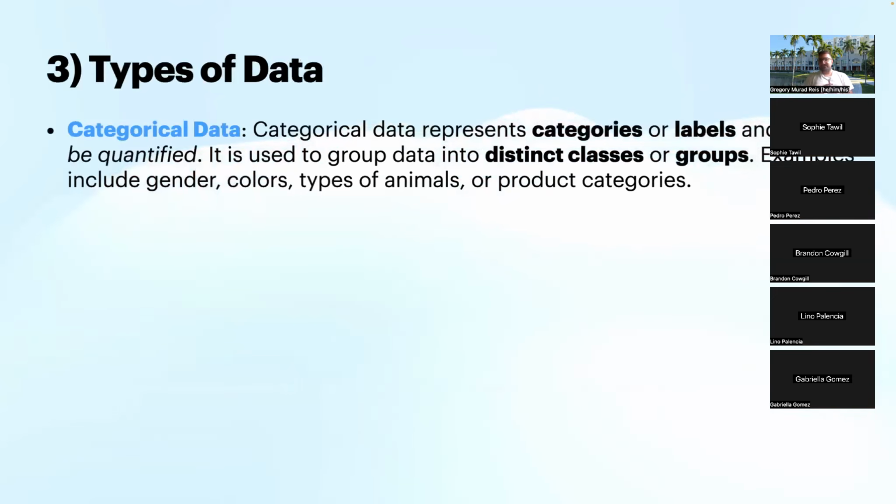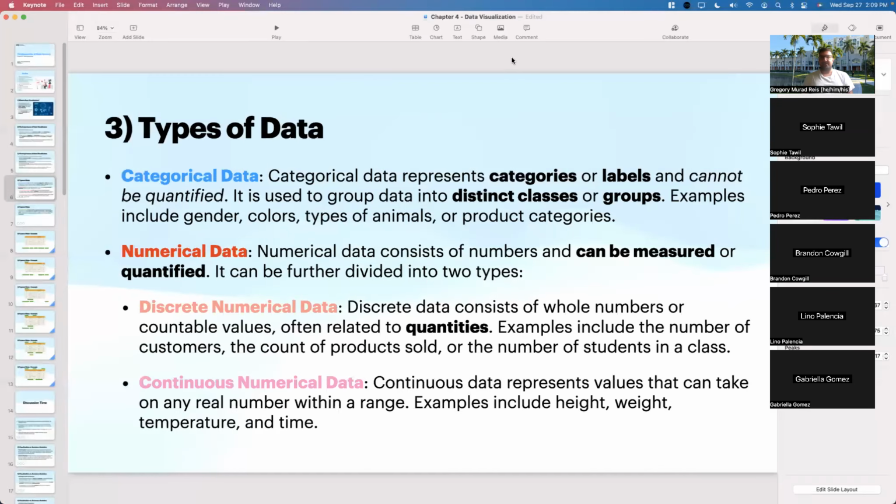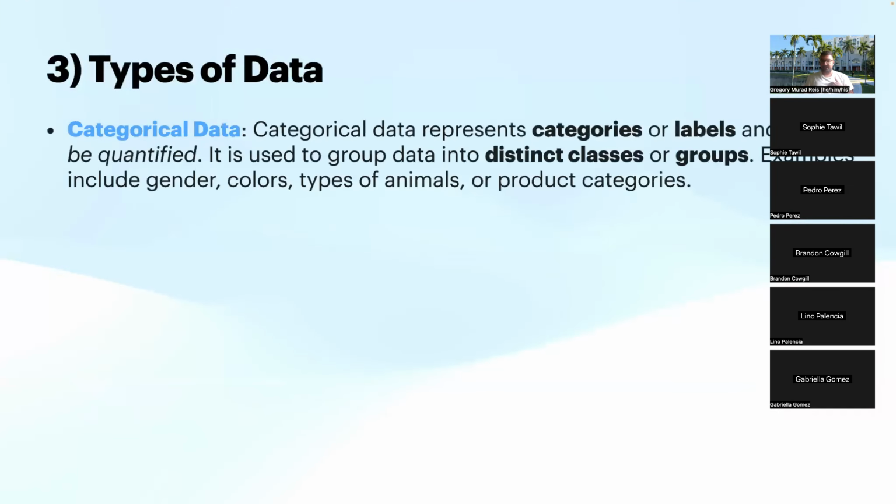The first type of data that we need to understand is categorical data, and it's very simple. You have several categories. A category can be low calorie or high calorie. A category can be a country. Anything that you can group, that has a label, is categorical.